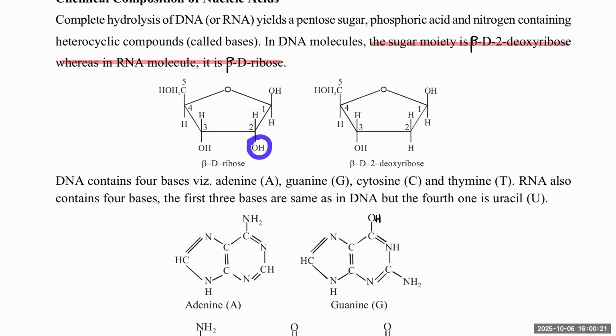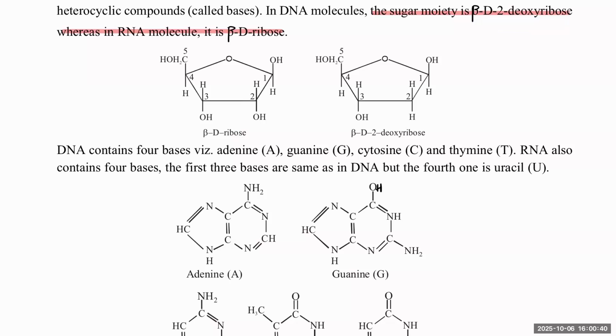At the second position, there is supposed to be an OH in a ribose group. But if that OH has been removed, that compound is called deoxyribose. Clear? So this sugar moiety is the main difference between RNA and DNA.